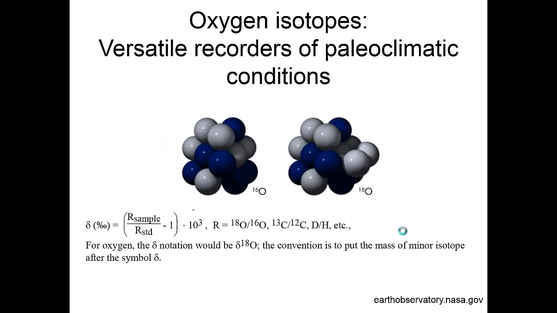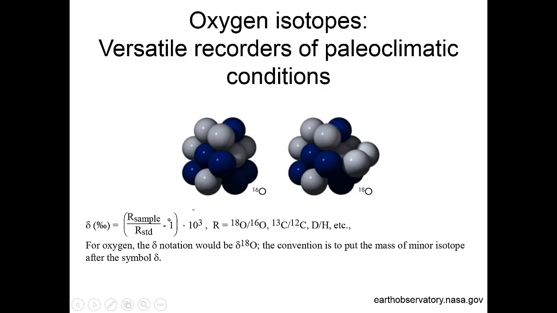To get more detailed information about temperature and ice volume, we turn to oxygen isotopes. The dominant isotope of oxygen is oxygen-16. The next most abundant oxygen isotope is oxygen-18, which just has 2 extra neutrons. We express the ratio of oxygen-18 to oxygen-16 using so-called delta notation, in which the ratio of the sample is divided by the ratio of a common standard.